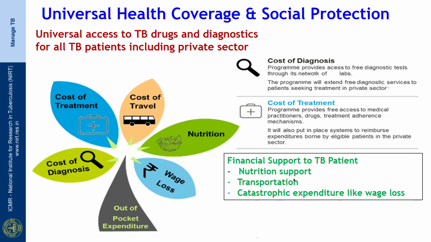The financial incentives, like I said, are transferred directly into the beneficiary's account through the DBT mechanism, so that transparency is ensured and the patient is able to receive that money directly. All these efforts are to provide universal access to all TB patients, including in the private sector, for drugs and diagnostics, and the costs involved in diagnosis and treatment are taken care of.